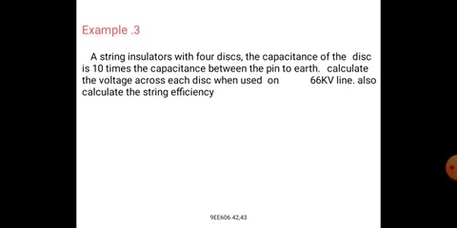Calculate the voltage across each disc when it is used on a 66 kV line. Also calculate the string efficiency.